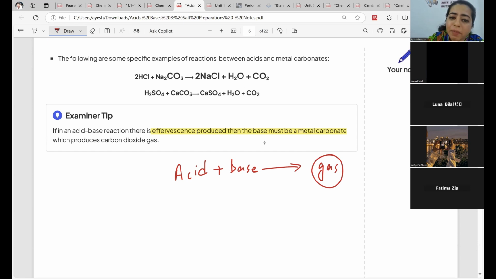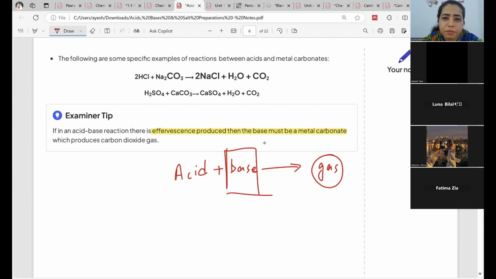So what can be the base identity? They're telling you there is an acid reacting with a base, doing a neutralization reaction, producing a gas, water, and salt. They're not telling you the name of the gas, they're just telling you there is a gas. From this gas, you have to identify what can be the base.